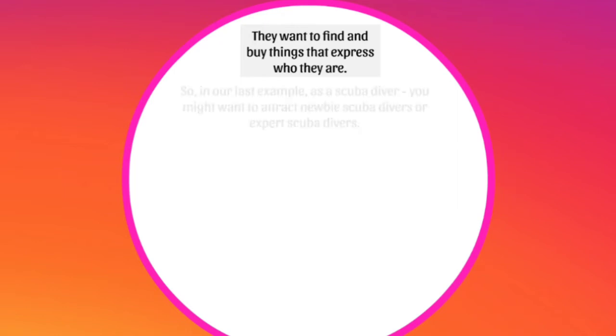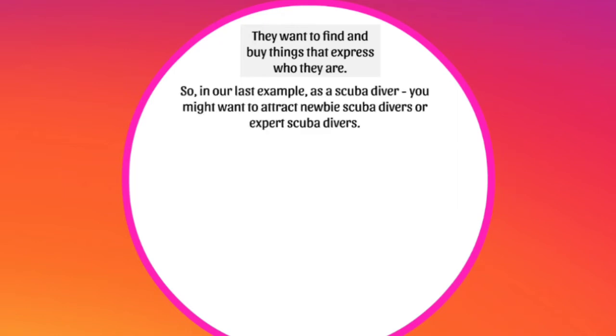So same kind of concept here. They want to find and buy things that express who they are. So if you can help them do that via the lifestyle, via the brand, then you're going to be able to close a lot of sales on Instagram.